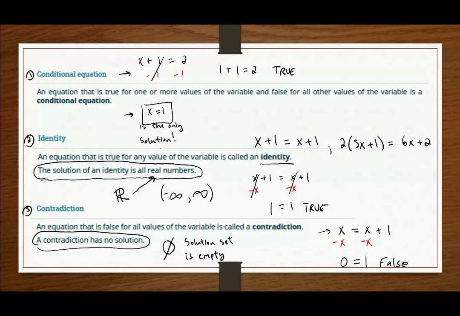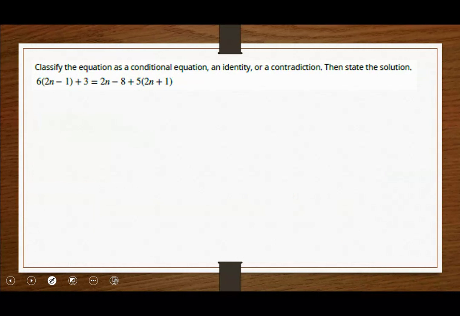So let's go through a couple of examples here to practice classification of these types. So here's the first equation that I'm given. It looks to me that there's lots of distributions and simplifying that needs to be done first before we ever get into the classification part of this. So to begin with, let's do that.